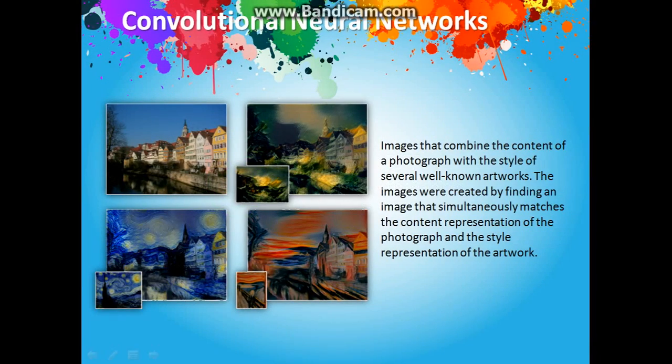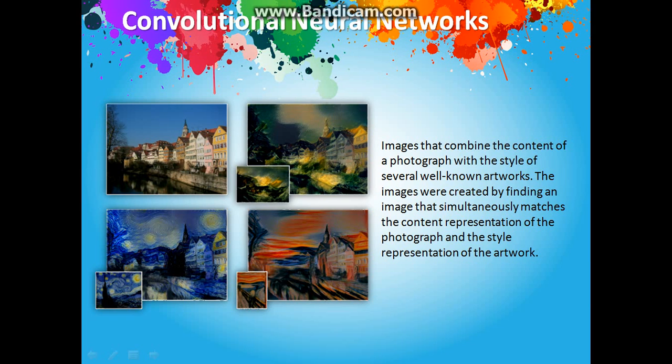In 2015, Leon A. Gatys and others presented their neural algorithm of artistic style. This algorithm is based on a convolutional neural network. Convolutional neural networks consist of layers of small computational units that process visual information hierarchically in a feed-forward manner.